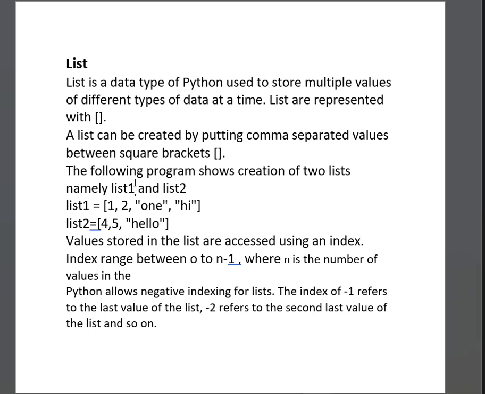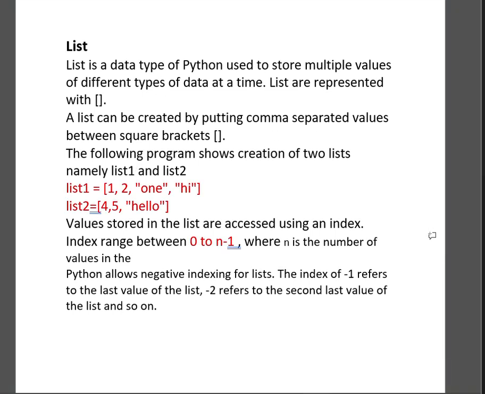This is the string data type we have seen in the last video. And list 2 consists of 4, 5 and a hello string. They have given an example of the creation of two lists.